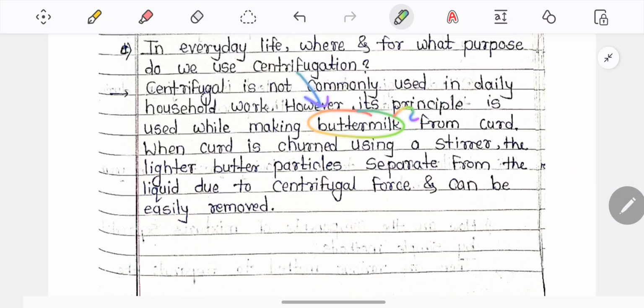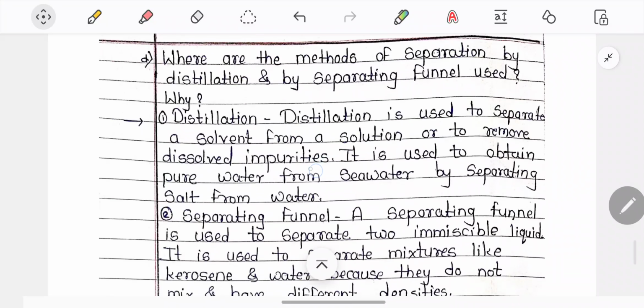Centrifugation is used for making buttermilk from curd. When curd is churned by stirring, the lighter butter particles separate from the liquid due to centrifugal force and can be easily removed.